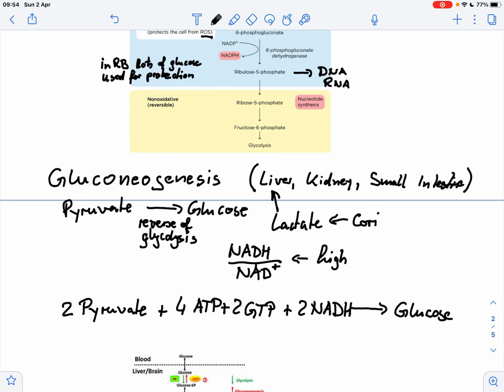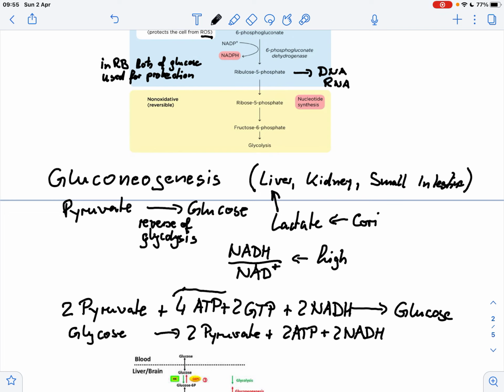So remember, for the glycolysis, glucose is converted into 2 pyruvate plus 2 ATP plus 2 NADH. And what we see here is that we actually need quite a bit of energy to run gluconeogenesis.